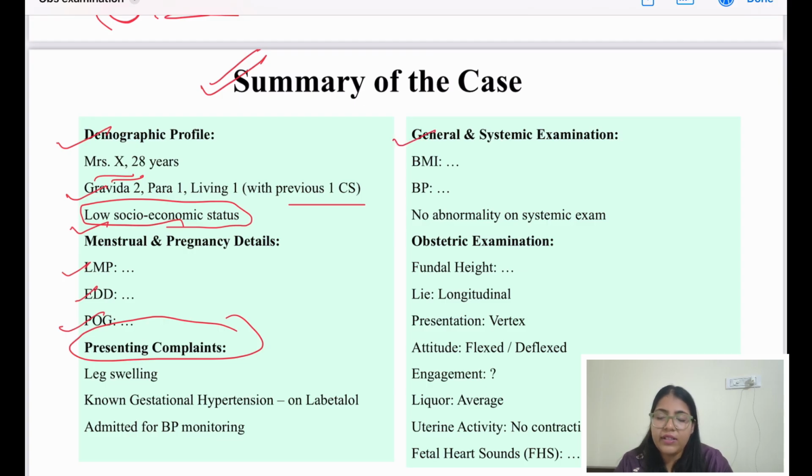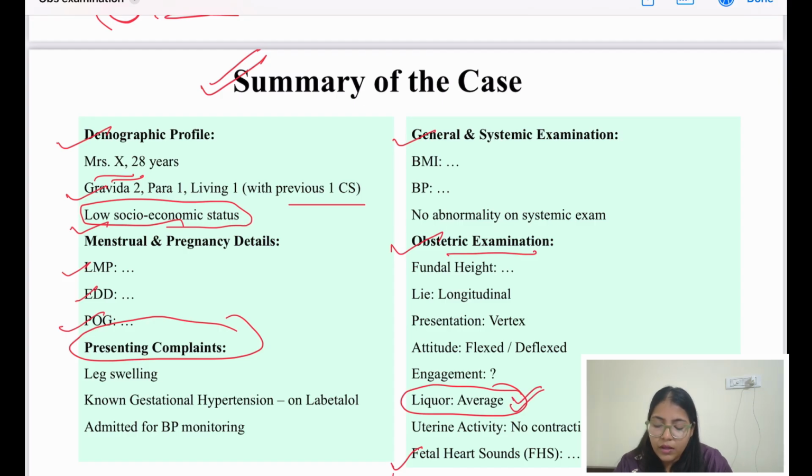Then on examination, you tell about her BMI, vitals. If there is any abnormality on any other examination part, you tell about it. Then the obstetric examination, about the liquor part, and whether the uterus is relaxed or in contraction, and then lastly the fetal heart sound.